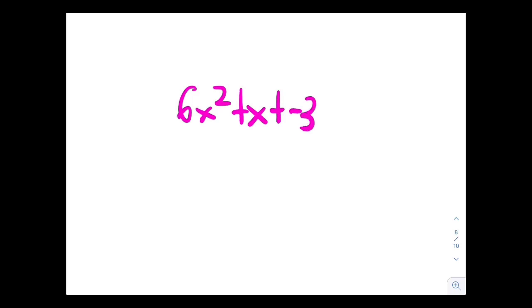And we have a way of classifying polynomials based on the number of terms they have. The first example I showed you, 6x to the power of 2, is a monomial. They are polynomials with one term.